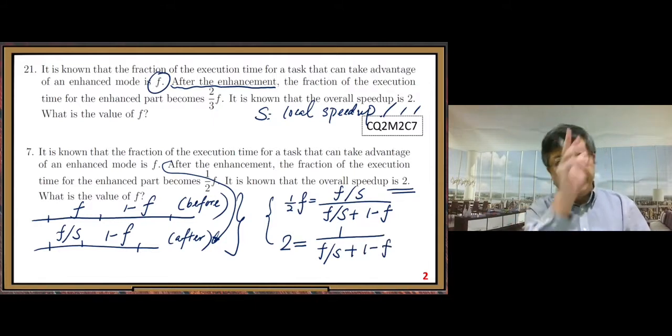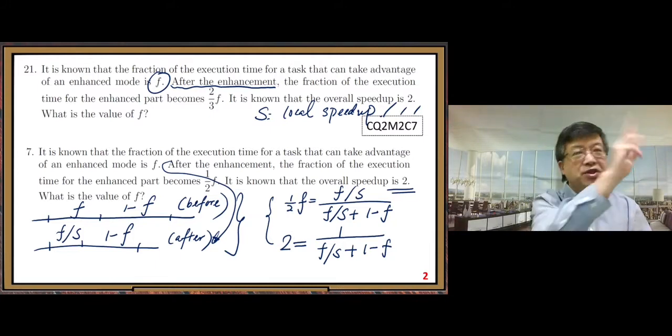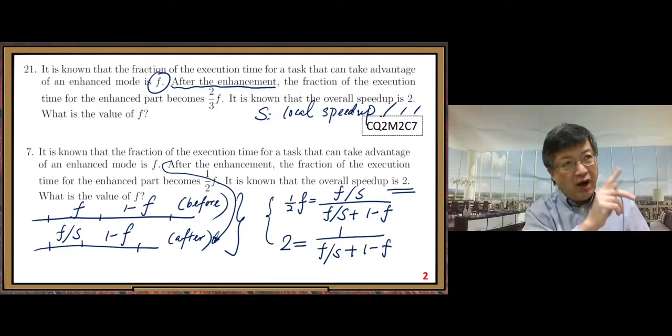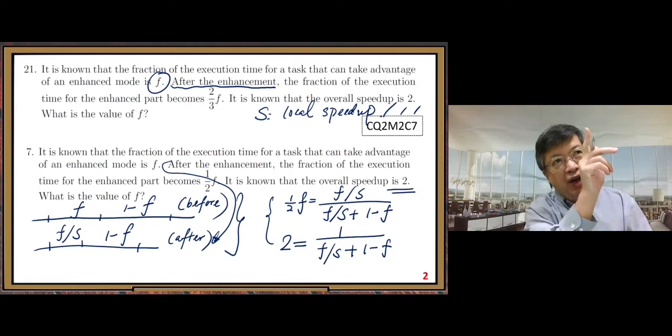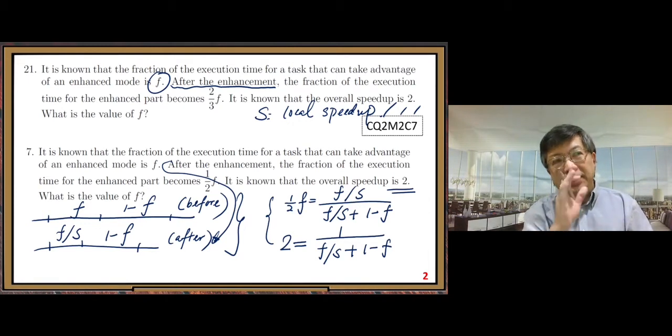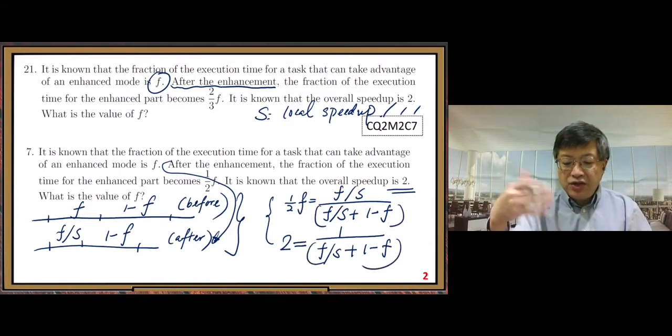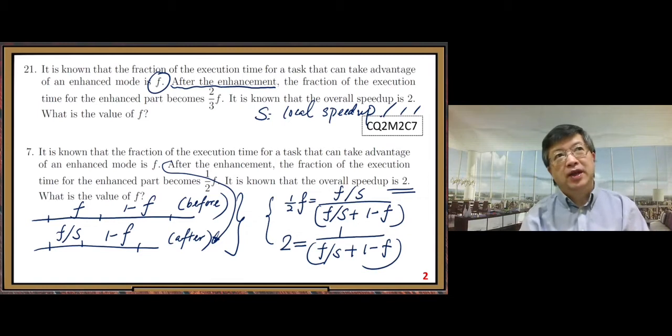So these are 2 equations, 2 unknowns, and you can solve it. When you solve, try to find an efficient way to solve. Here, consider the denominators of these 2 fractions are the same. Try to use that information.